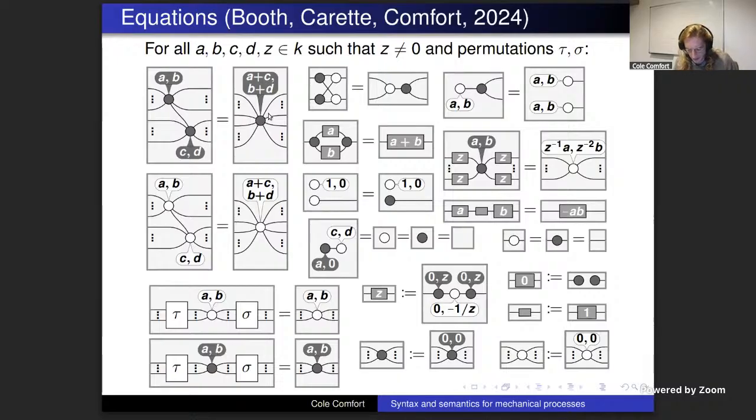But basically for this kind of fragment of mechanics, you get this nice graphical language. And it's a version of the ZX calculus, which was invented for quantum mechanics. But there's not necessarily any reason why it's inherently quantum at all. It's just a general physical thing that arises.